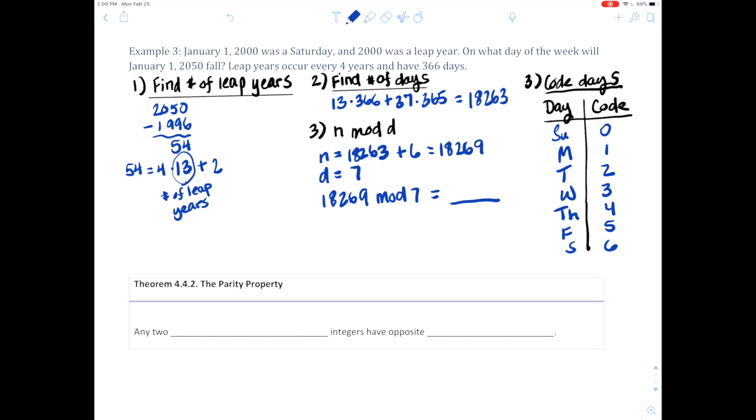The way we can figure that out is we need to write 18,269 equal to 7 times something, plus a remainder. So what is that something? 7 goes into 18,269.